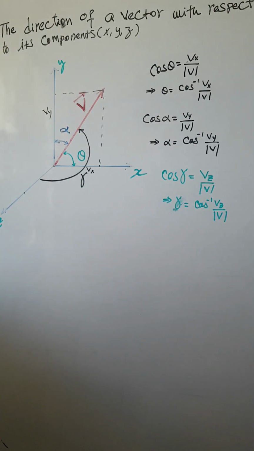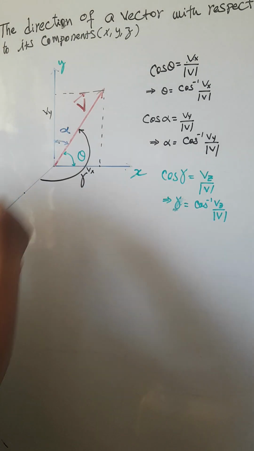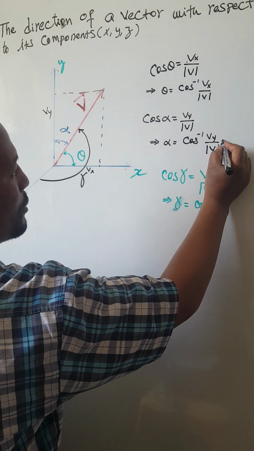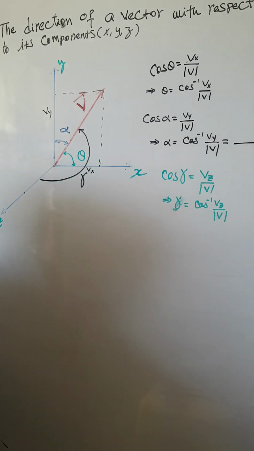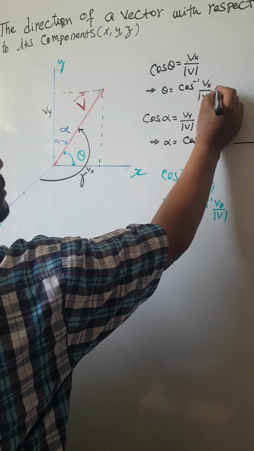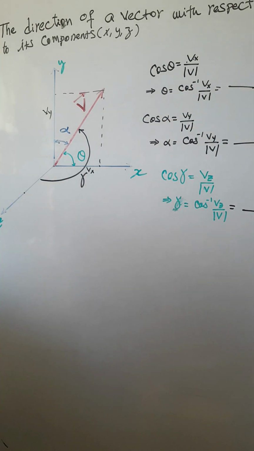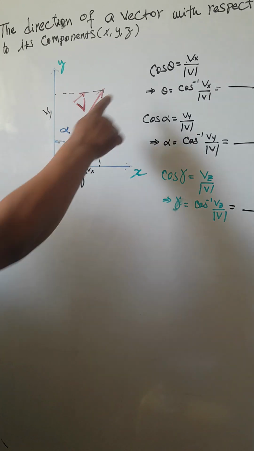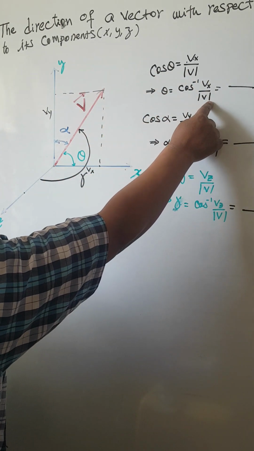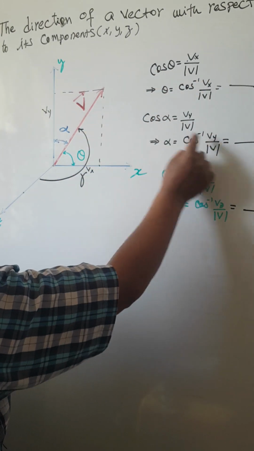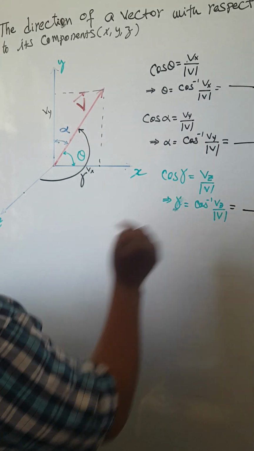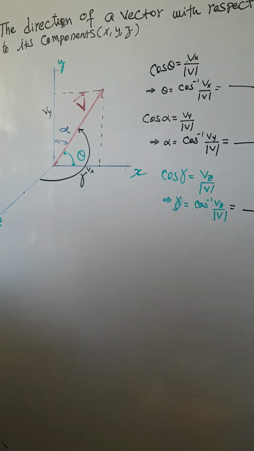Now these angles are said to be the directions with respect to the axes x, y, and z. It's possible to find the exact value, the degree measure, of alpha, theta, and gamma. These are the direction cosines: this is the direction of the vector with respect to x, this is the direction with respect to y, and this is the direction with respect to z.